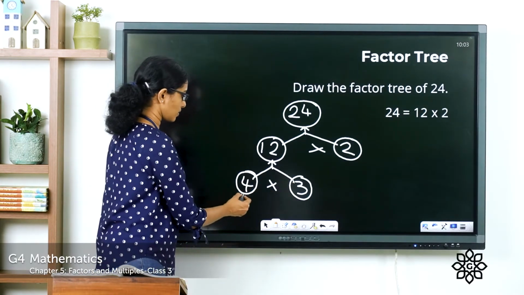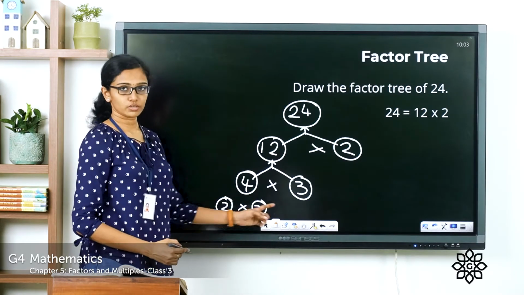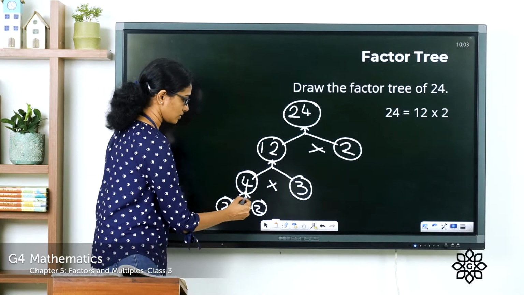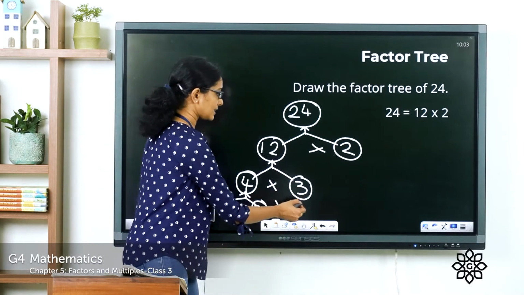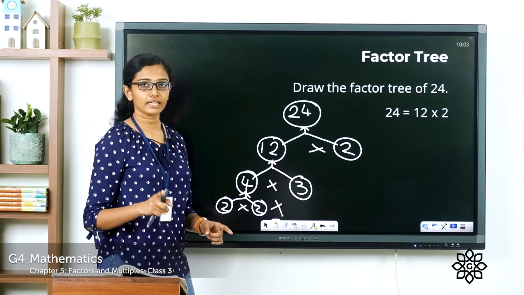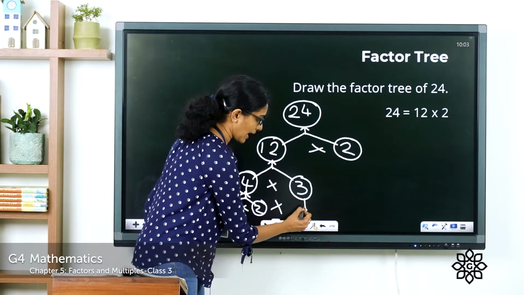Again this 4 can be broken down into 2 into 2. So you write 2 into 2 here inside circles, and you draw arrows. Again you bring down this multiplication symbol, and this 3 cannot be broken down again in terms of its factors. The only factors are 3 and 1 itself. So just bring down 3. You don't have to draw an arrow here.